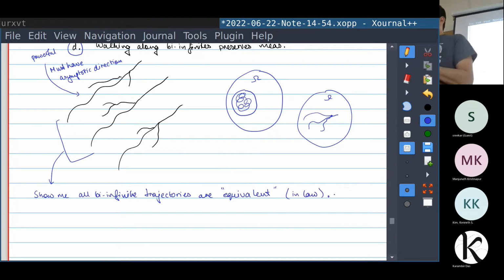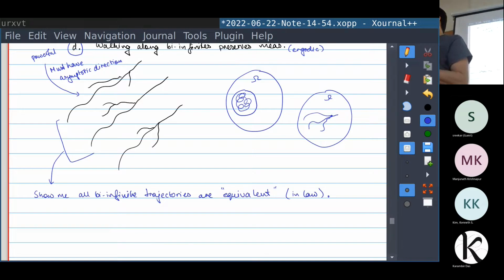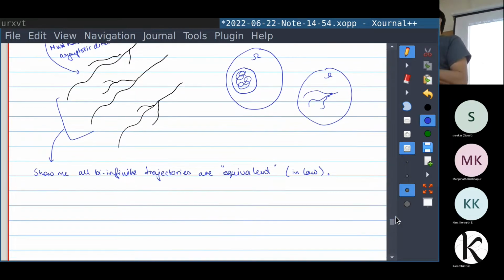In ergodic theoretic language, this would be showing non-singularity, just that they're equivalent. It's equivalent to say that they're ergodic. So show me it not just preserves the measure, but the measure is also ergodic for this action of going along.